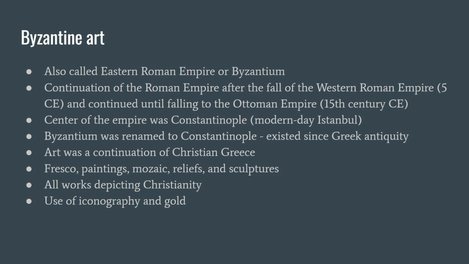And the types of art that existed in the Byzantine Empire were fresco, paintings, mosaic, reliefs, and sculptures. And all works depict Christianity. Around this time, or around the fall of the Roman Empire, or even before then, all of the art made within the empire didn't have a lot of secular themes. They were all religious.